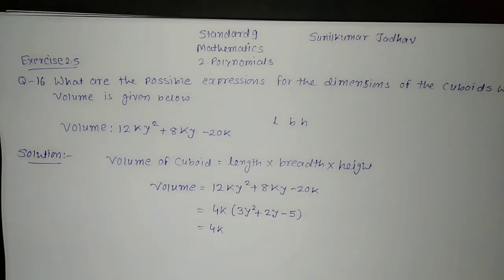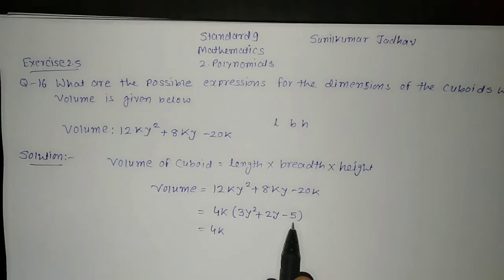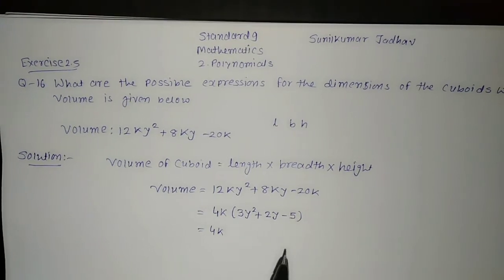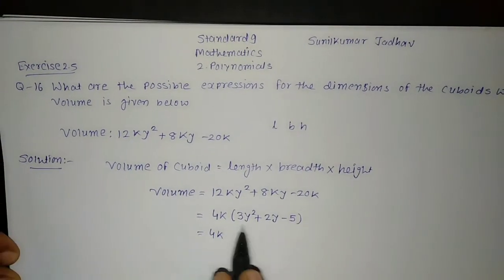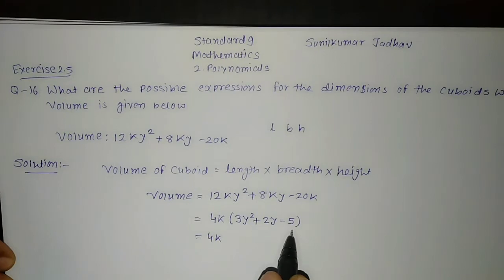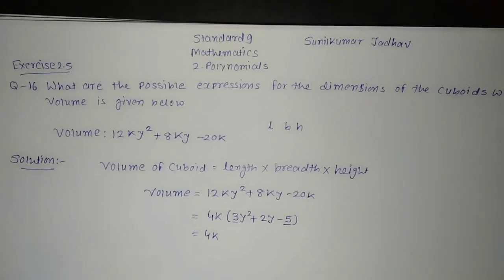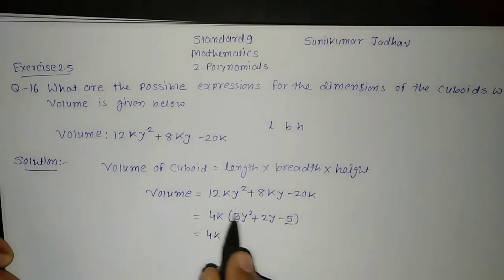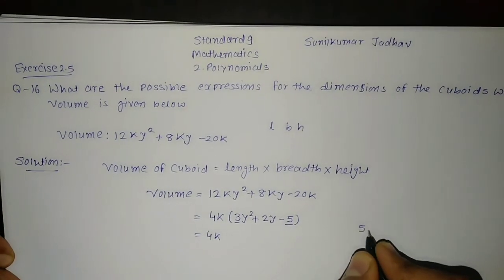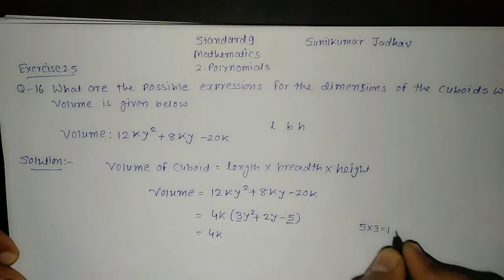This 4k stays as it is. We will try to find the factors of the bracket. For that we need to look at the last term and the coefficient of the first term and multiply both of them: 5 into 3, that is 15.